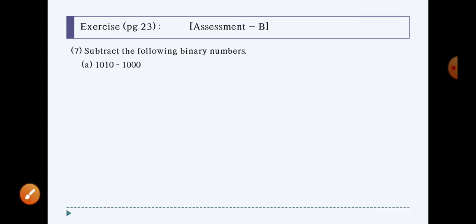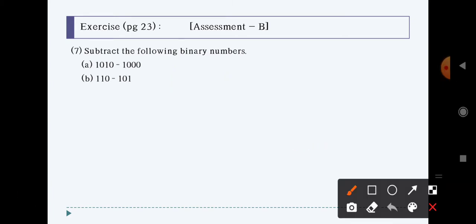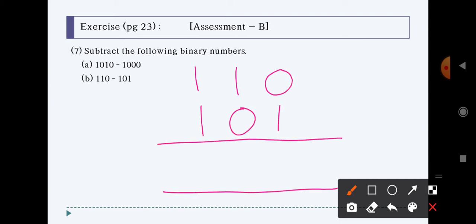Now see the second portion we have. The second one is 110. Let's make a difference. We have 110 and we have 101 with us. Now you have to solve the subtraction part. On the first portion itself we have 0 minus 1, and the rule we have learned is 0 minus 1 is going to give you 1, and you have to take a borrow from the left hand side.